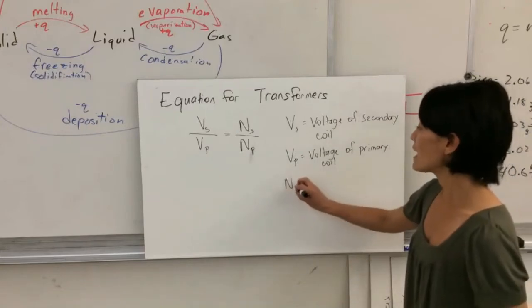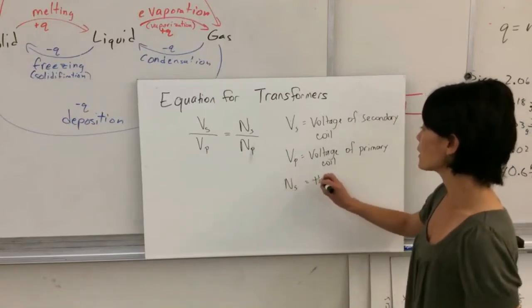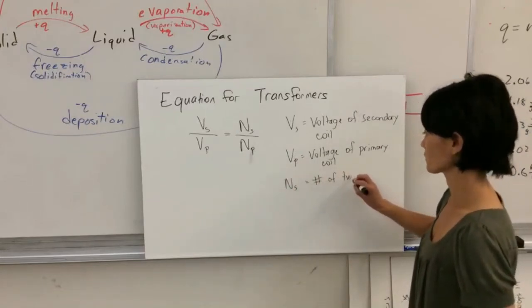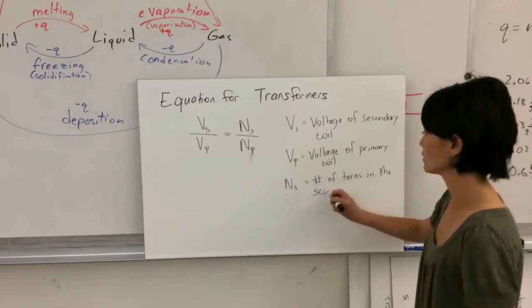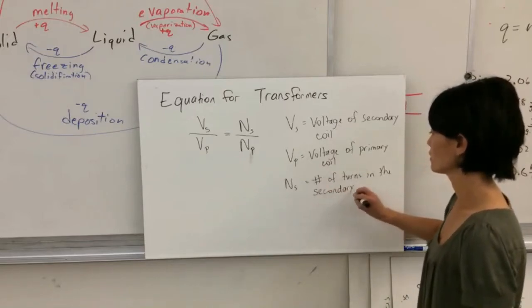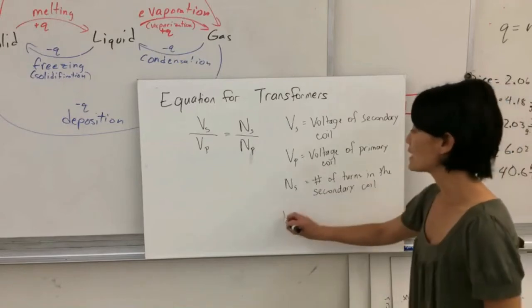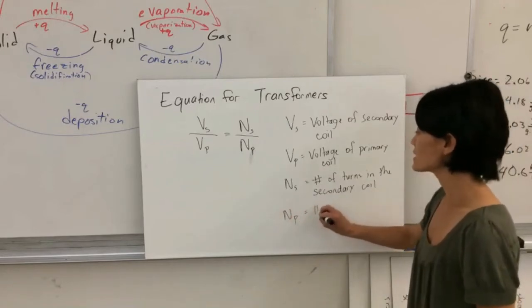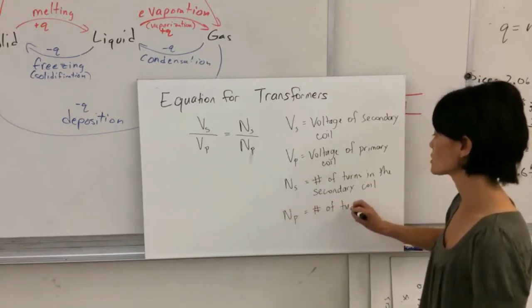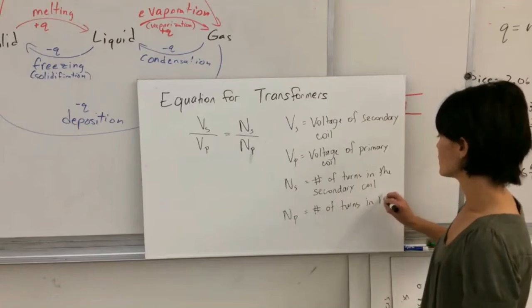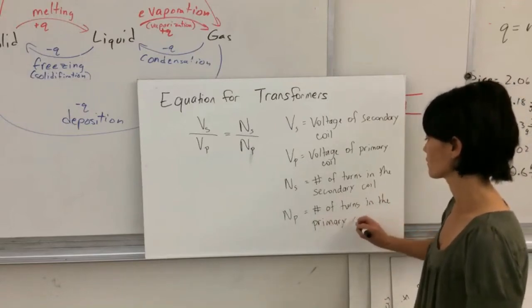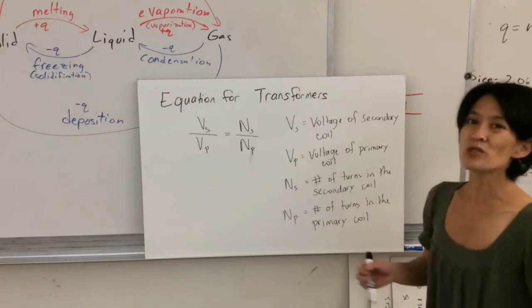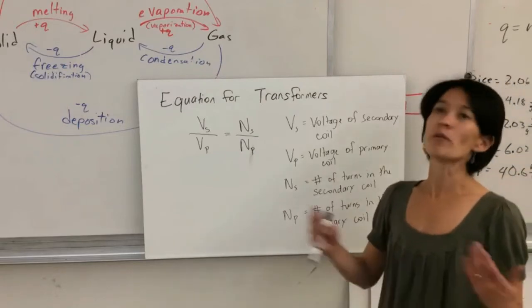And then Ns is the number of turns in the secondary coil. And Np is the number of turns in the primary coil.